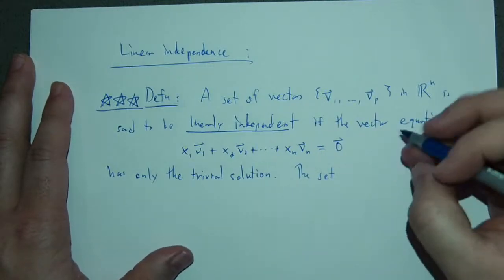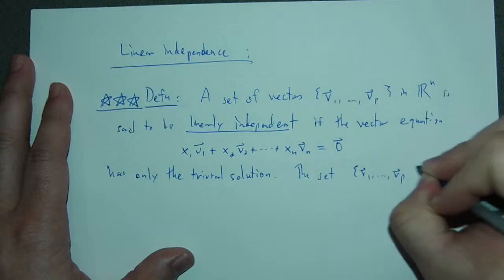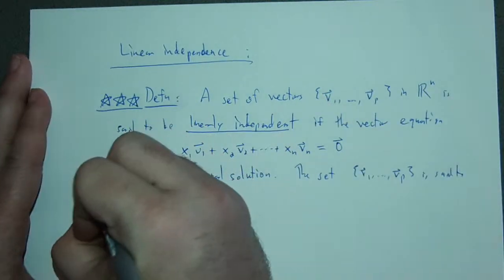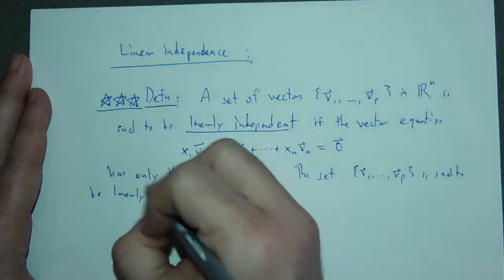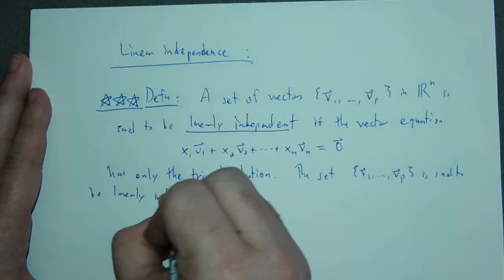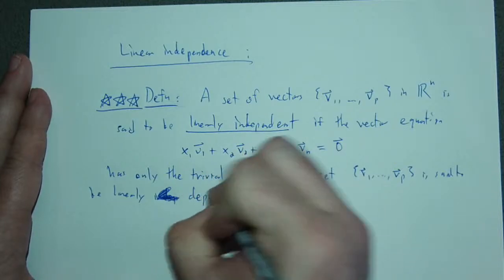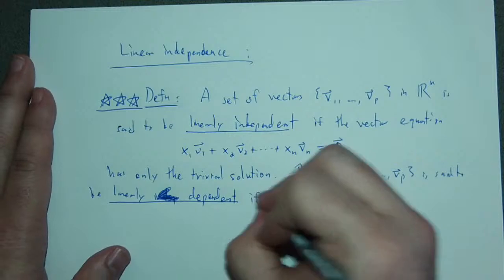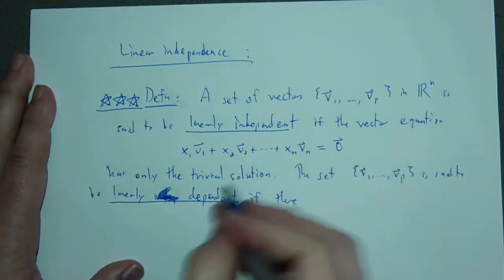The set v sub 1 through v sub p is said to be linearly dependent if there exists a non-trivial solution to this.